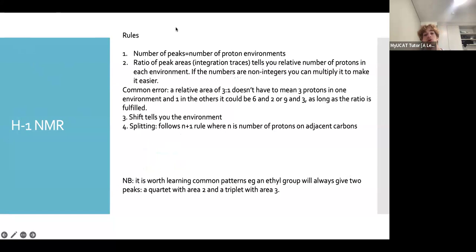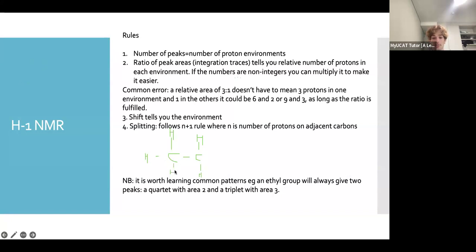The one that I always thought came up, basically every year, is that the molecule will have an ethyl group. It might not, but often it does. An ethyl group is CH3, CH2. It looks like this, where you have your CH2 over here, and then this carbon has three protons.